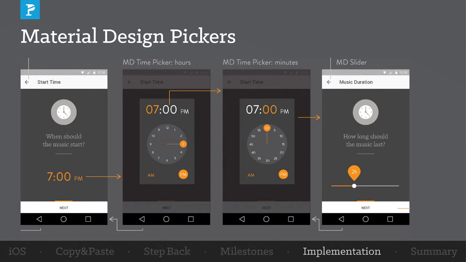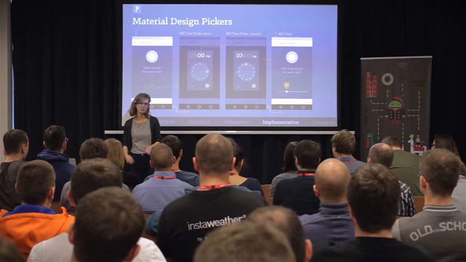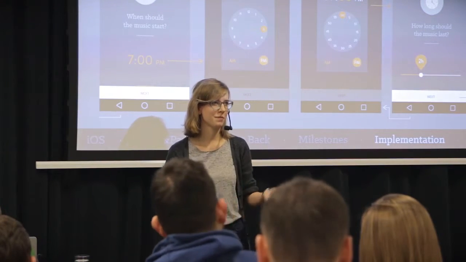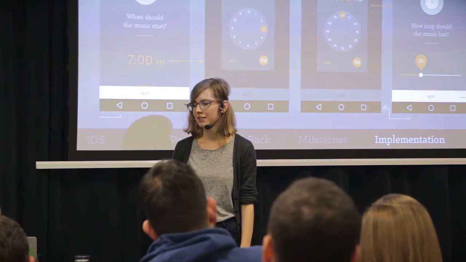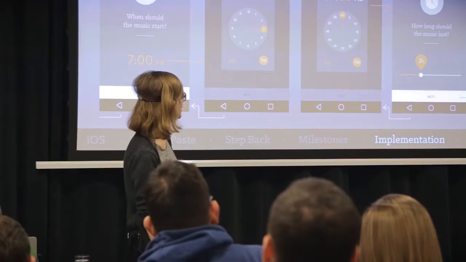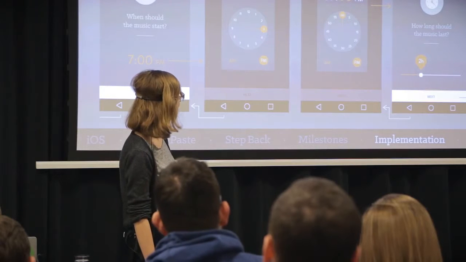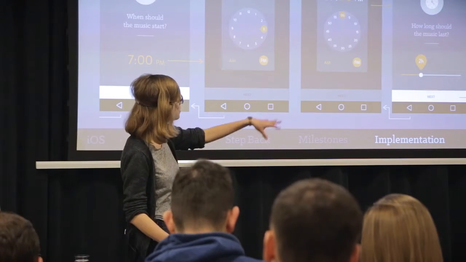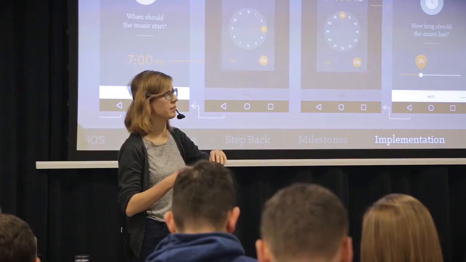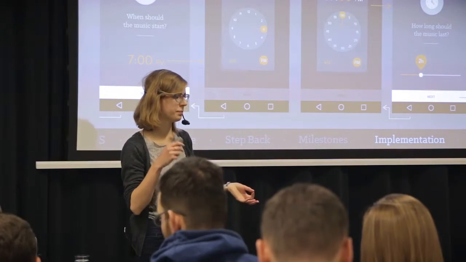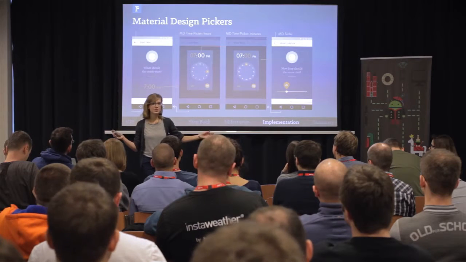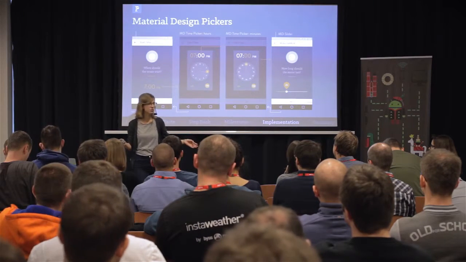And one of the issues was material design pickers, because the app was supposed to be native material design. And we saw that the pickers are really complicated, and those pickers are a part of the booking workflow, which is already really long and boring for a user.